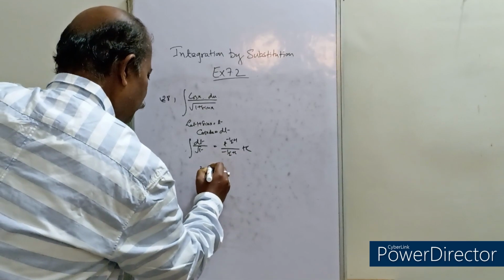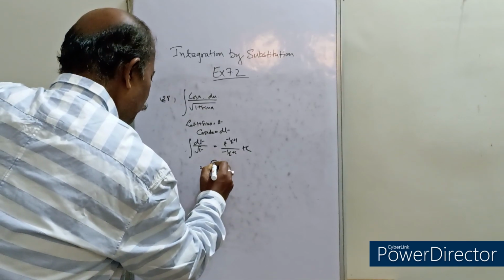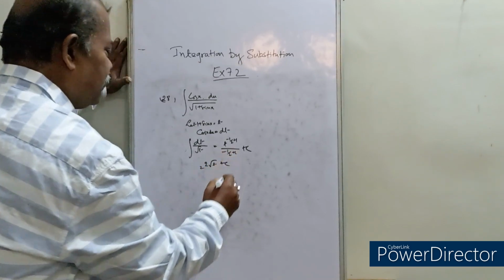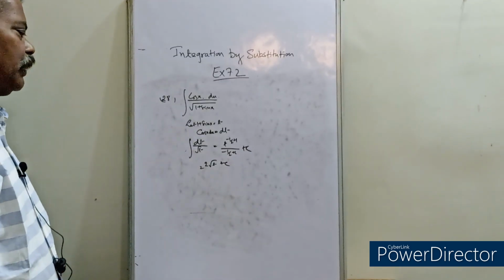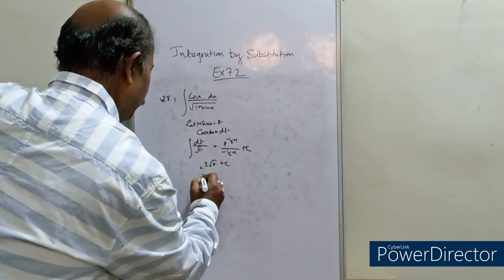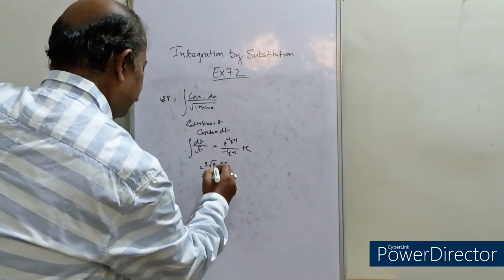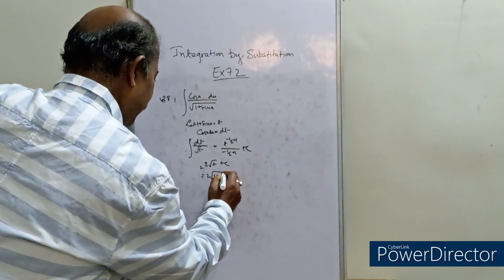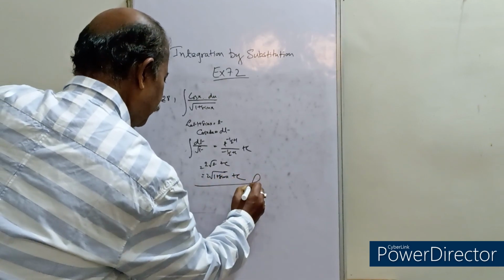So this will be equal to root t by half, that is 2, plus c, because half 2 will come to the numerator, and this will be equal to 2 root of 1 plus sin x, plus c. This is your answer.